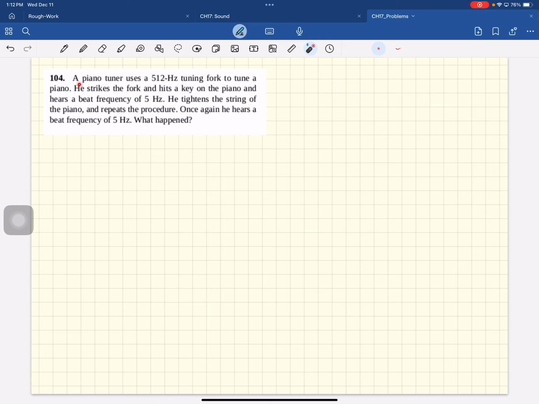Okay, this problem says a piano tuner uses a 512 hertz tuning fork to tune a piano. He strikes the fork and hits a key on the piano and hears a beat frequency of 5 hertz. So he's playing this tuning fork and he's playing a key on the piano. So the beat frequency is given by F1 minus F2.